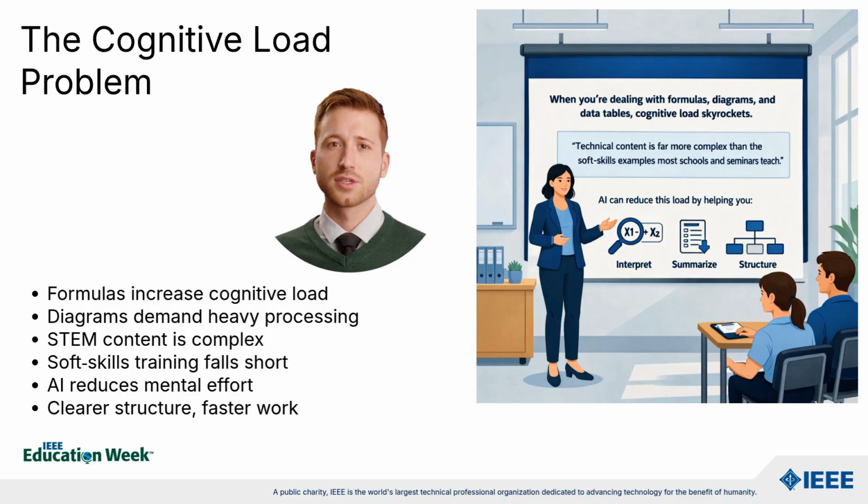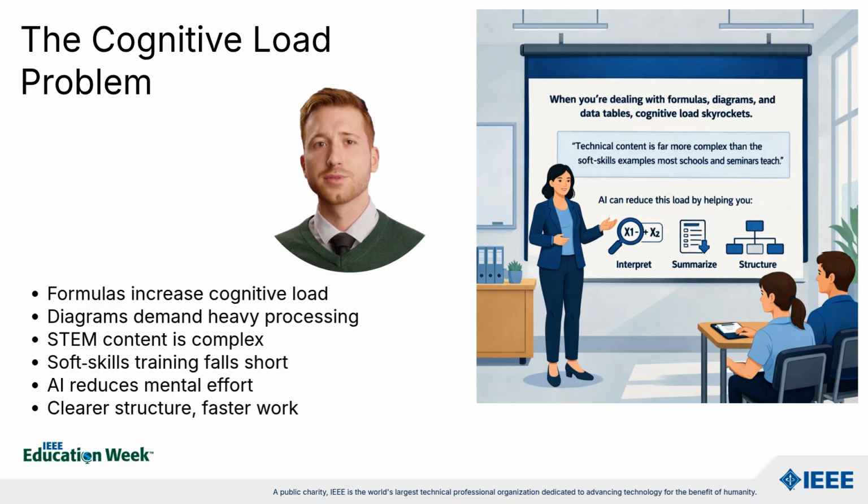When instructional designers work with formulas, diagrams, and data tables, cognitive load rises sharply. These elements require simultaneous interpretation of symbols, relationships, and visual structures, which places a heavy mental burden on both designers and learners. The diagram emphasizes that technical content is far more complex than the soft skills examples most schools and seminars teach, highlighting the gap between typical instructional design training and real-world STEM demands.